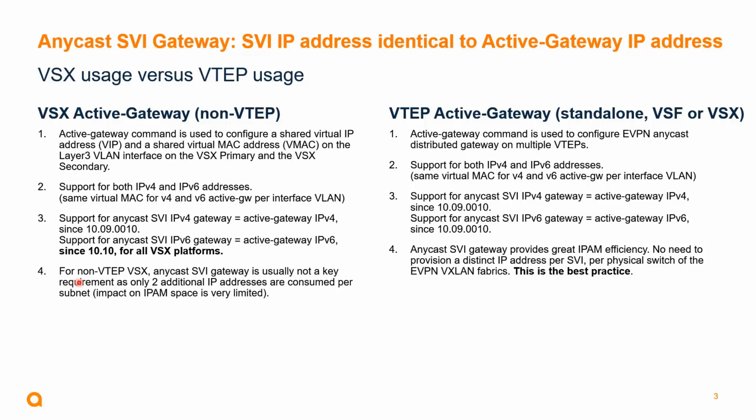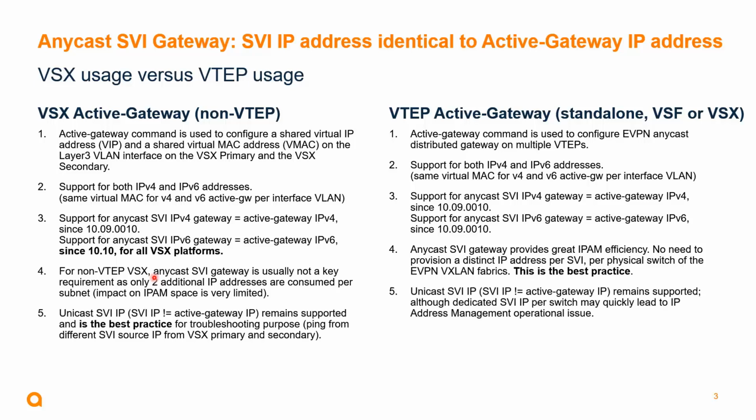For non-VTEP VSX, the Anycast SVI gateway has a very limited benefit in the sense that it's not a key requirement, as there are only 2 additional IP addresses consumed per subnet, per SVI. So the impact on IPAM space of not using the same IP is very limited.